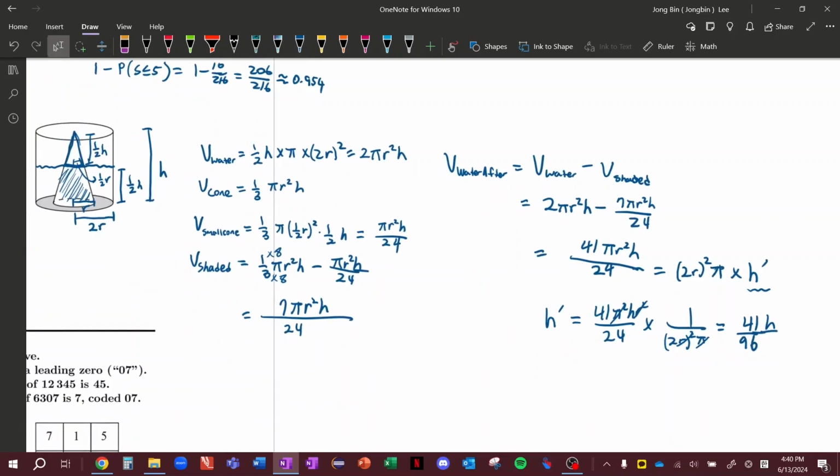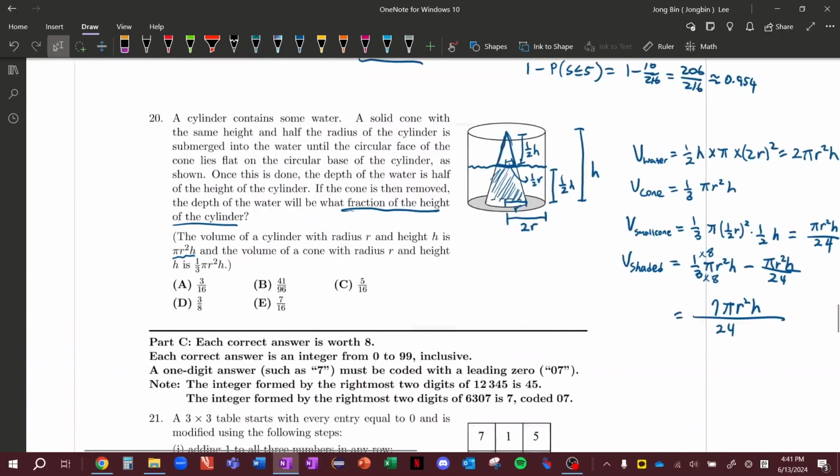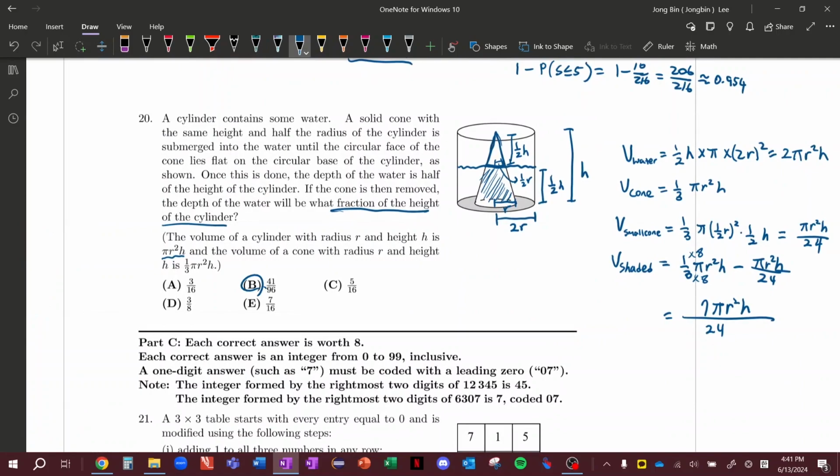So ultimately the new height of the water would be 41 over 96 of the actual height of the cylinder. So our final answer would be B.